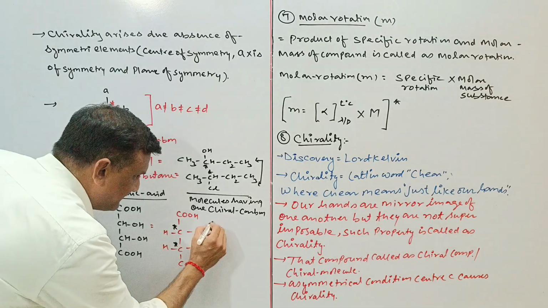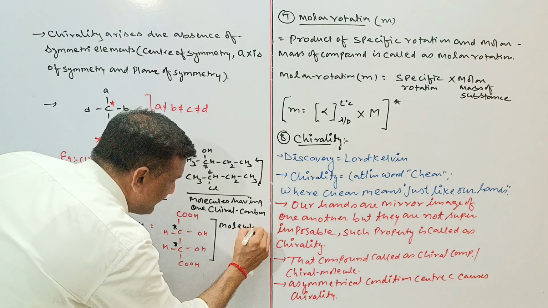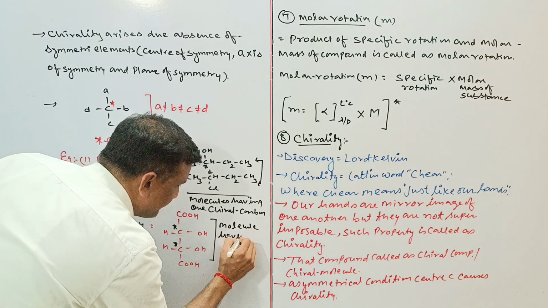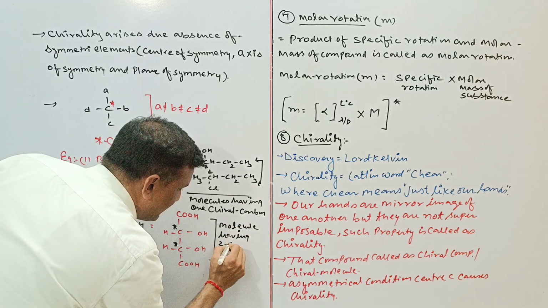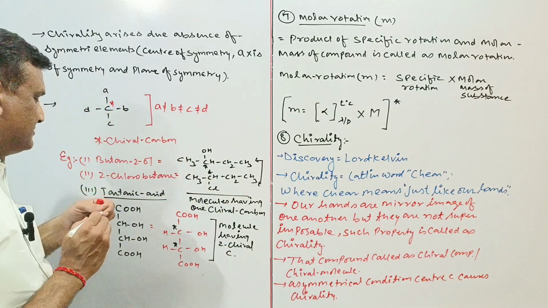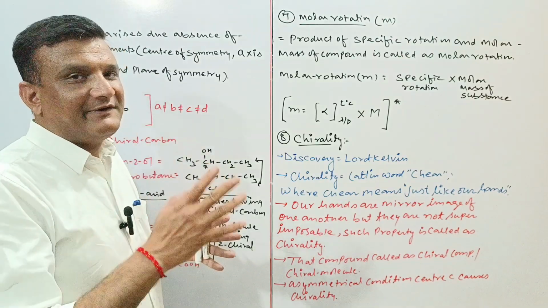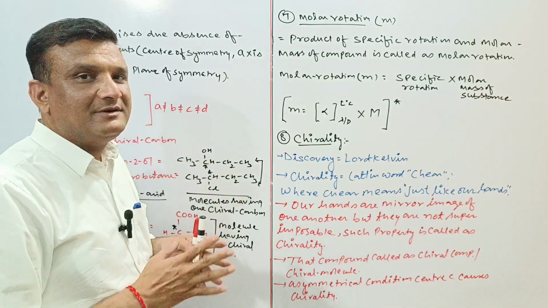So we'll say this is the molecule having two chiral carbon.